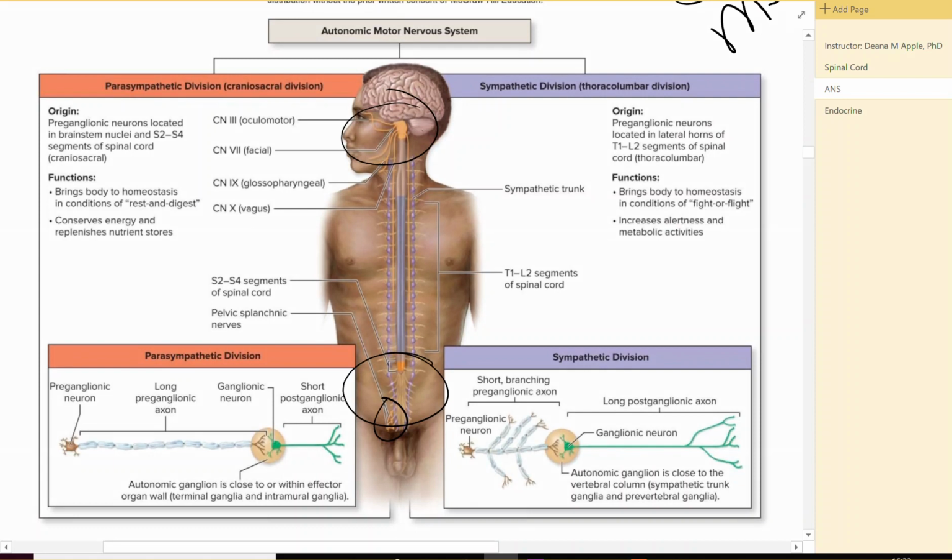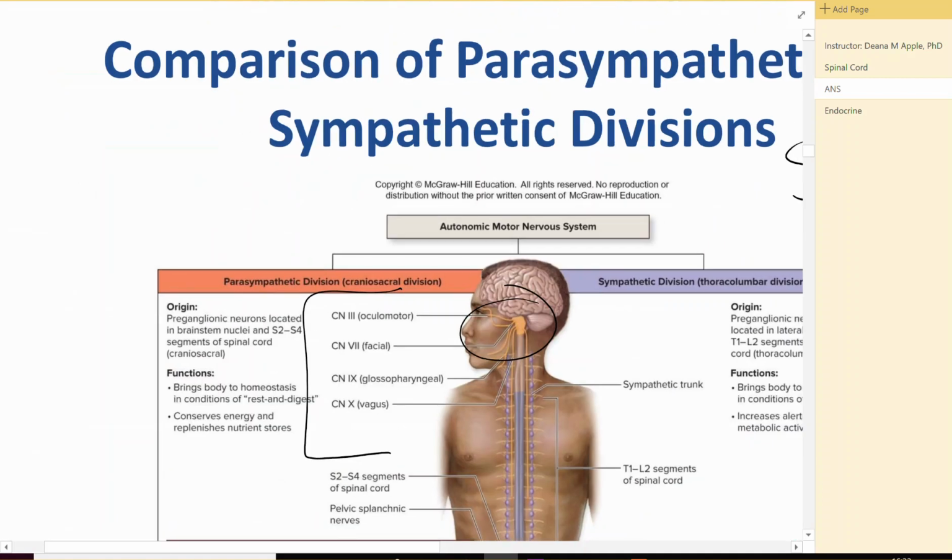The brainstem is going to innervate cranial nerves. So y'all remember your cranial nerves? All 12 of them. Review cranial nerves. I'm going to put that as a note here too.